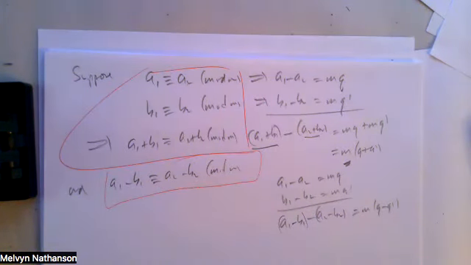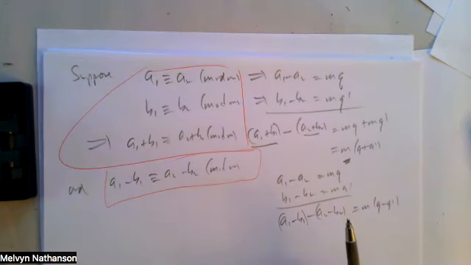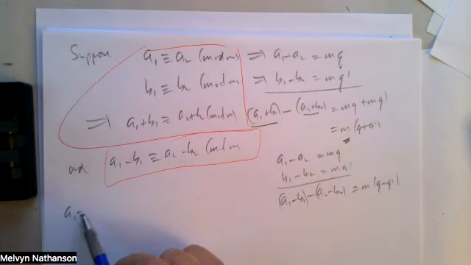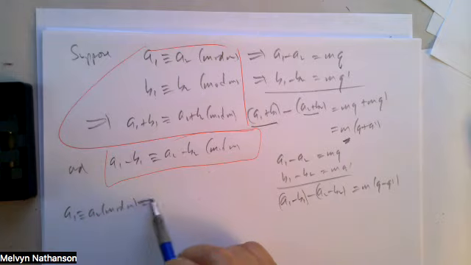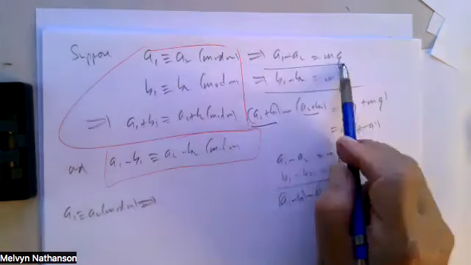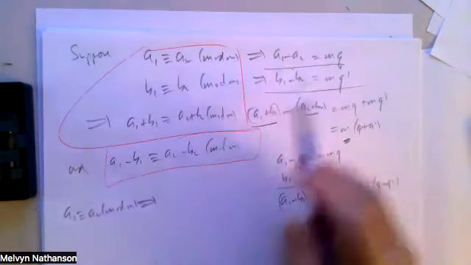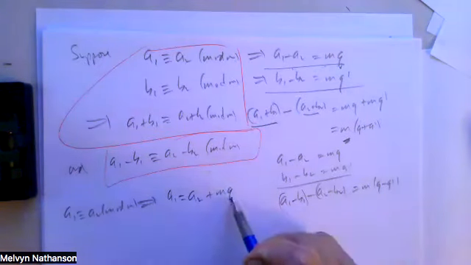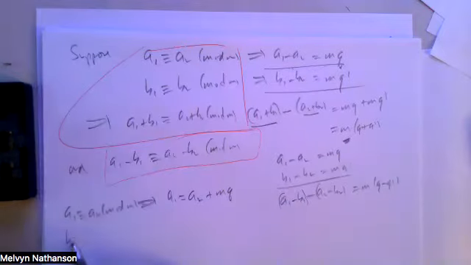And not only that, you can also multiply congruences. So if A1 is congruent to A2 mod m, this means that A1 minus A2 is mq, or A1 is A2 plus m times q for some q.